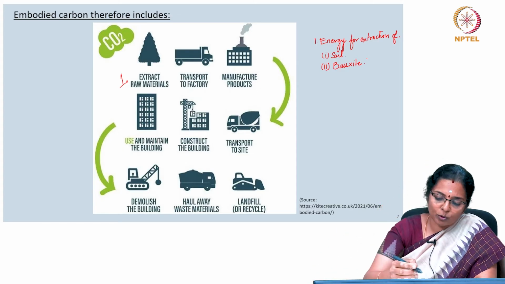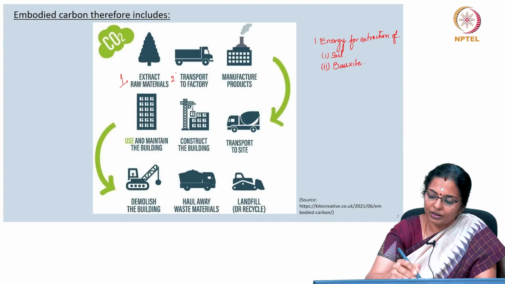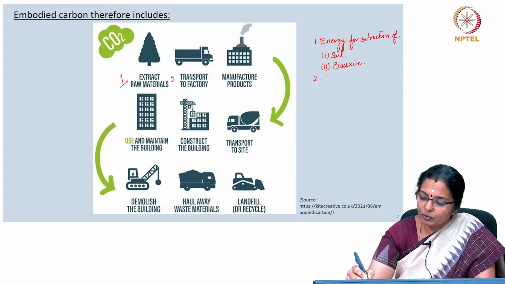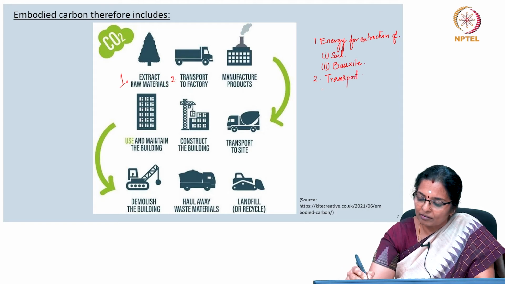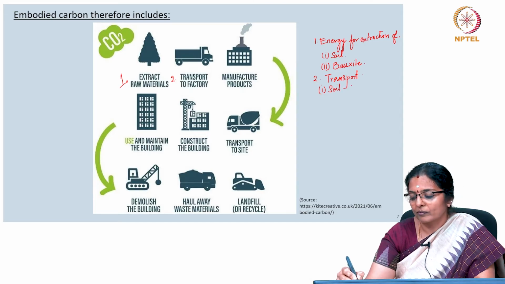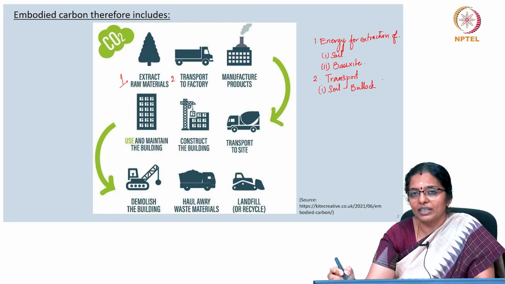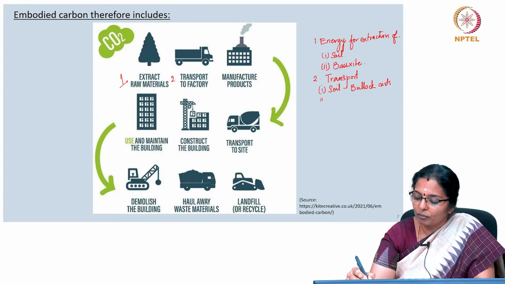Next is transport to factory. Okay. So, you transport. How do you transport? Say, you can transport soil even in bullock carts. Yes or no? Or you can transport it in anything, on a tractor trailer. How do you transport bauxite? That's impossible.